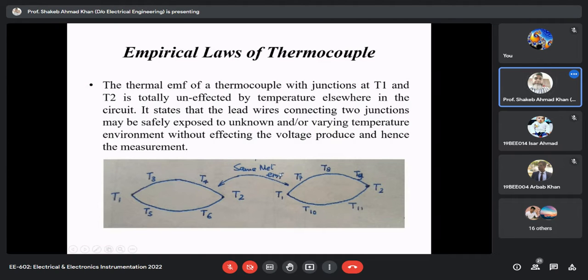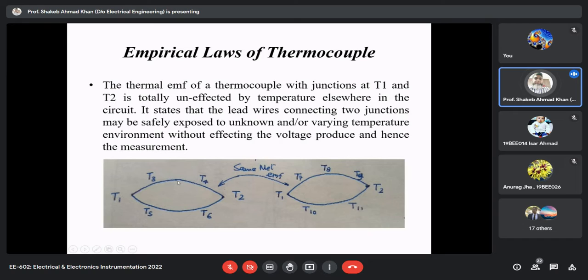Your output EMF voltage depends only upon the junction temperature. Whatever the intermediate temperature may be, if your junction temperature remains the same, your output will be the same. Intermediate means the temperature of the wires in between, away from the junctions.